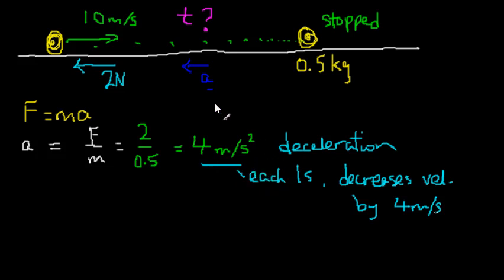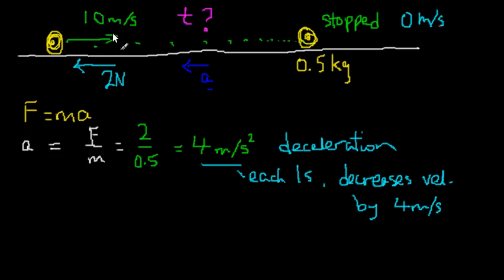Now let's go to the question. We have 10 meters per second at first. That's the velocity of the ball just after I kicked it. And after a time t, it stopped. Stop means that the velocity goes to 0 meters per second.